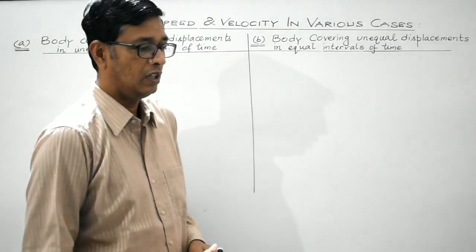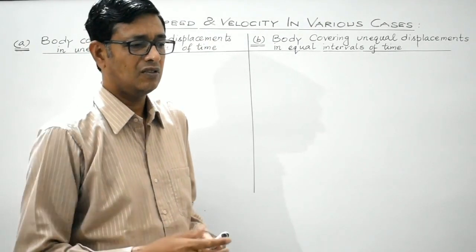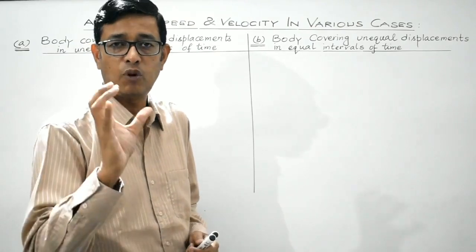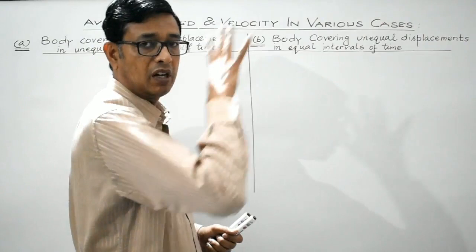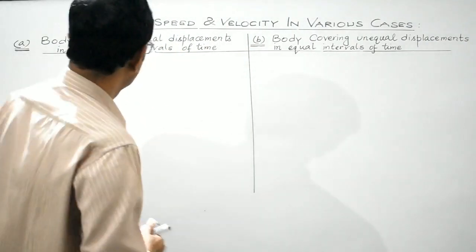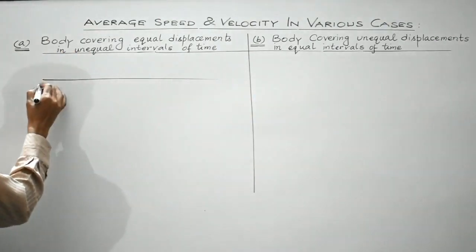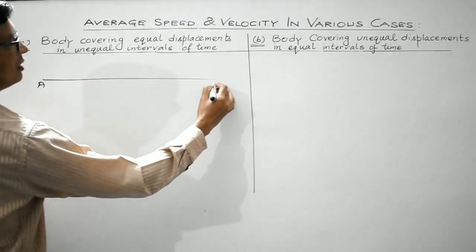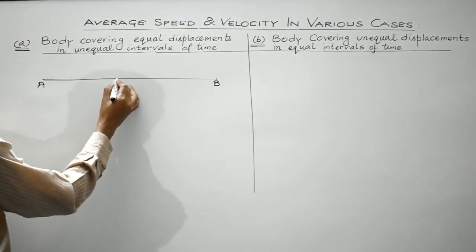So let's start with the mathematical aspect. Let's assume a body moving along a straight path, so we are dealing with one-dimensional motion. Suppose a body starts from point A and reaches point B, and let us consider point C to be the midpoint.